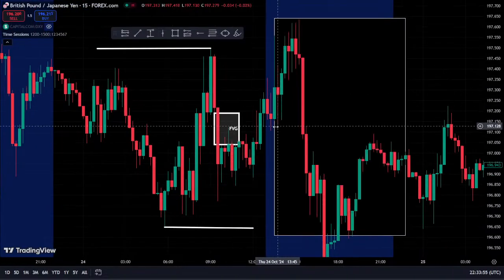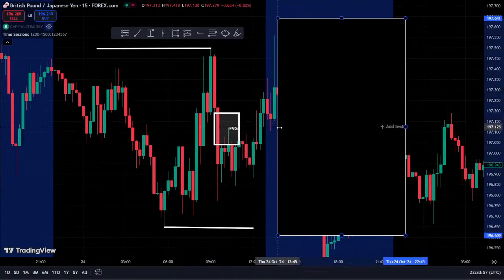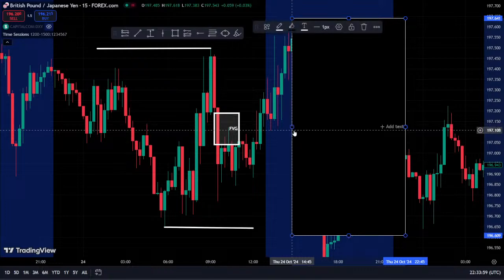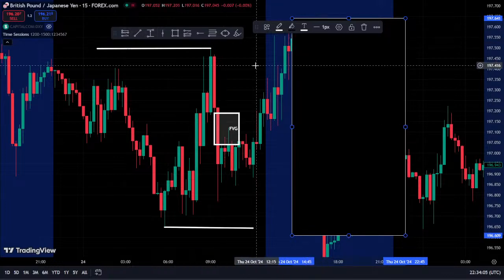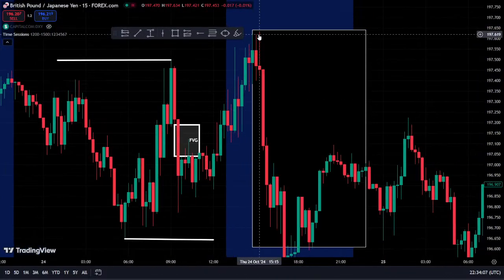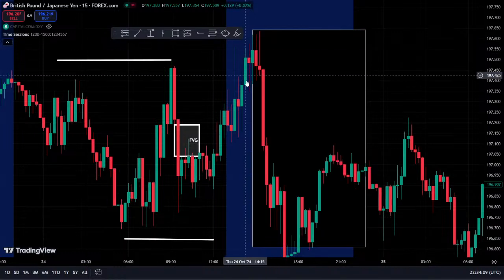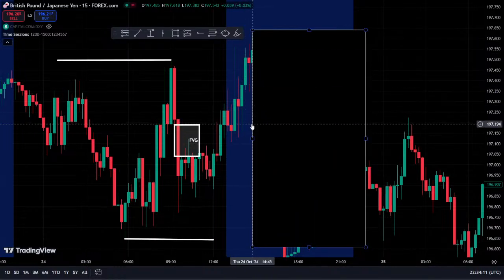As this goes on, we'll check. It goes up, there we go, liquidity sweep. Then we're looking for a break of structure. This is an uptrend, so we're looking at lows.